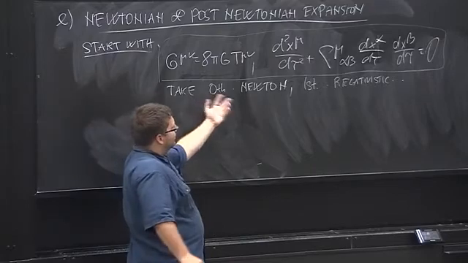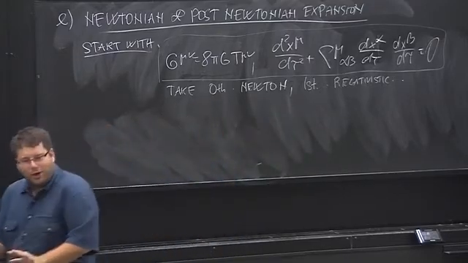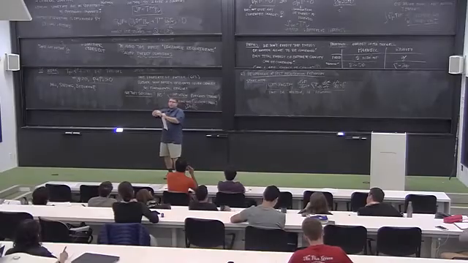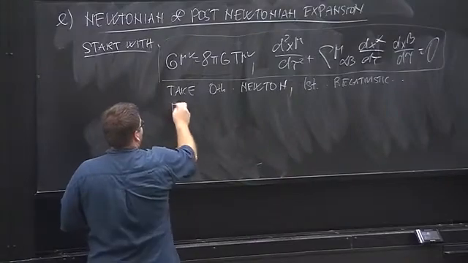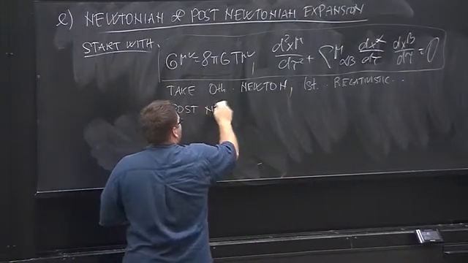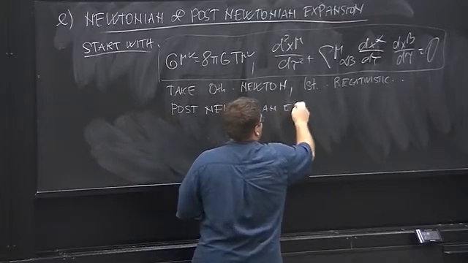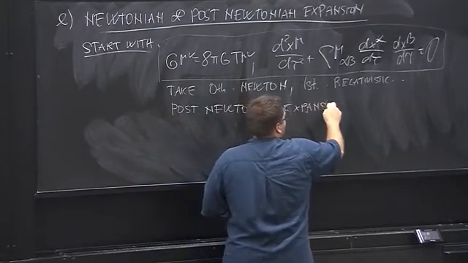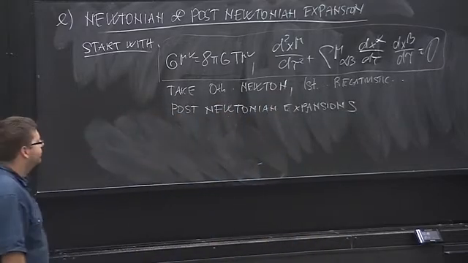We will only discuss the zeroth and the first. But in order to explain whatever is being observed now, people go to 7.5 post-Newtonian expansion. These are called post-Newtonian expansions, and people go quite high now in order to explain what is observed in LIGO.